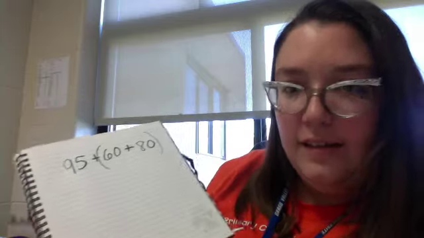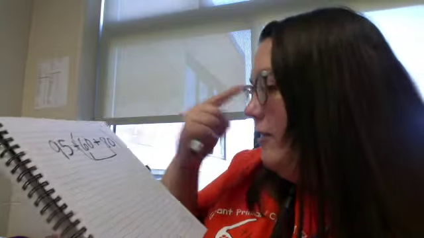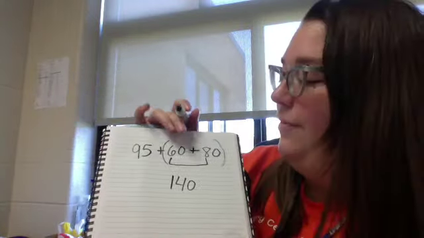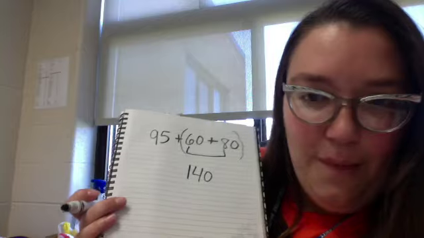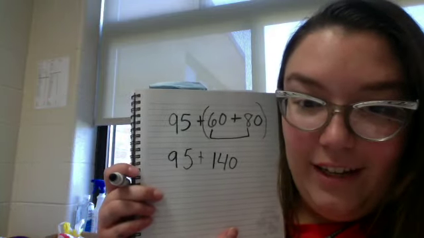So 80 plus 60, well, if I know 6 plus 8, I can figure out 60 plus 80. And that would give me 140. And then we know 0 and 0. There's our 0 from that. Okay, so we have 95 plus 140.